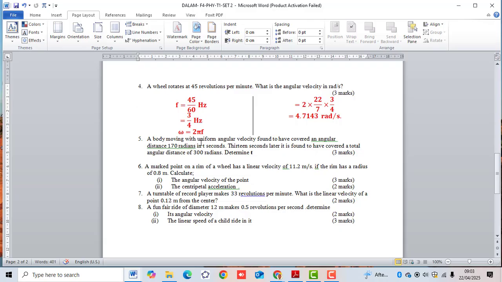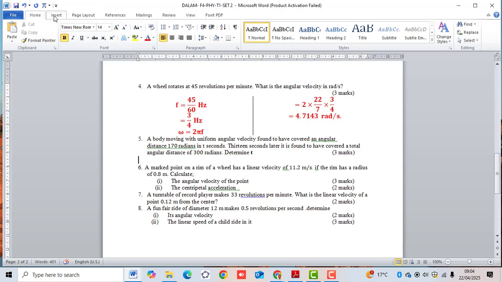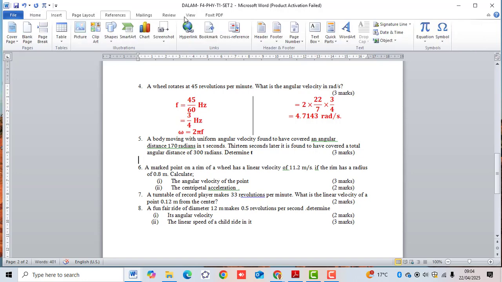So a body moving with uniform angular velocity is found to have covered an angular displacement of 170 radians in t seconds. 13 seconds later, it is found to have covered a total angular distance of 300 radians. So my question is, what is the angular distance covered in 13 seconds?